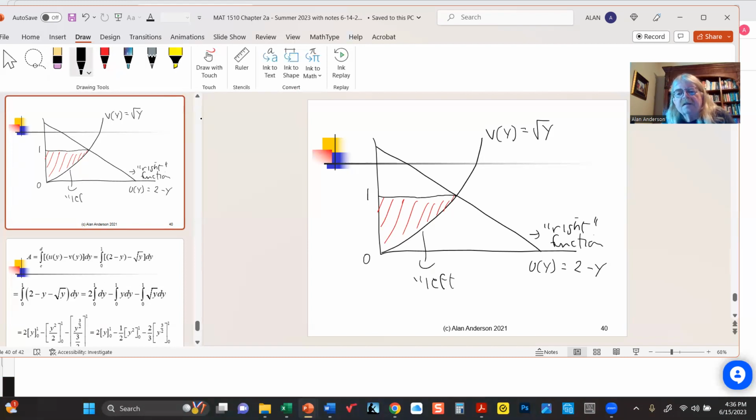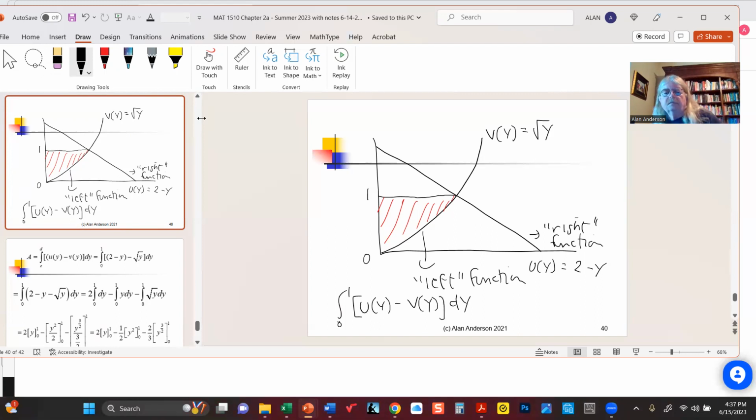And so what that implies is that when we set this up, we'll have u of y minus v of y dy. And if you did it backwards, you would just get the right number, but with a negative sign. Okay, so anyway, let's just see how that works.